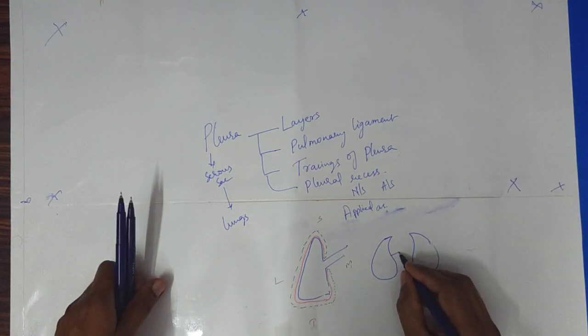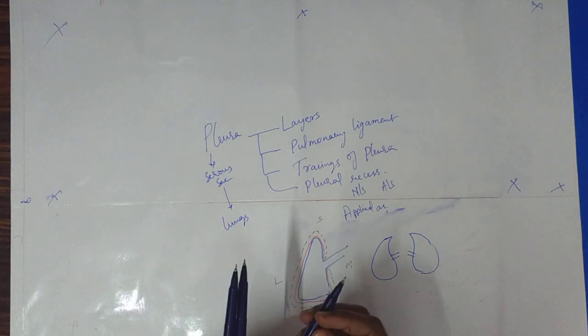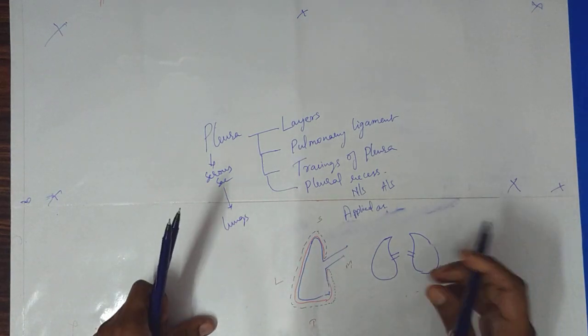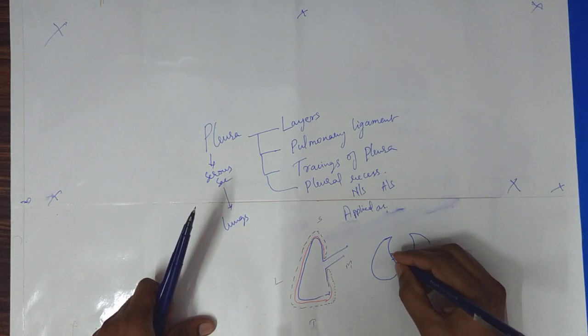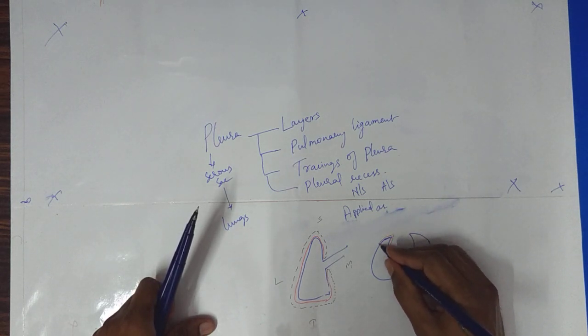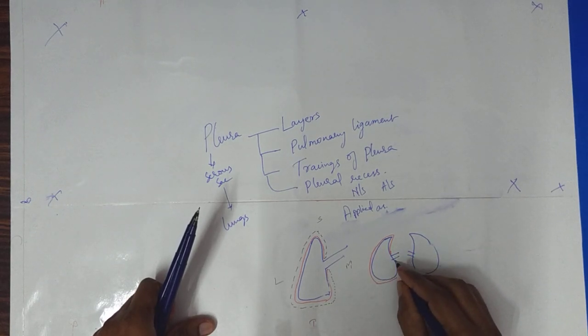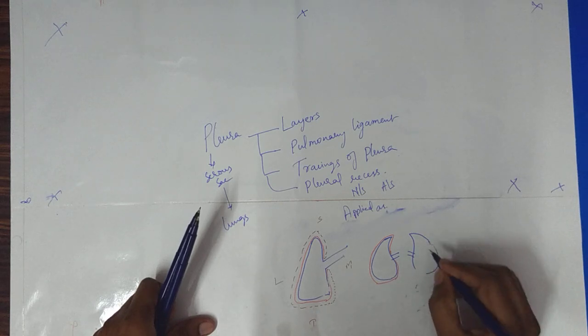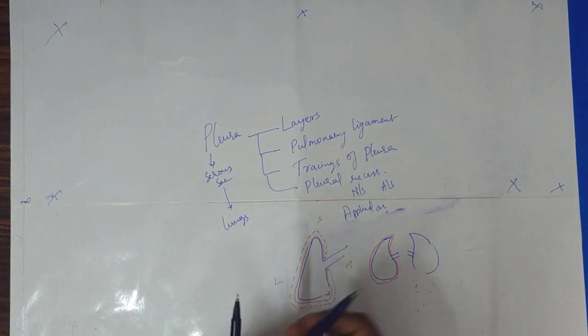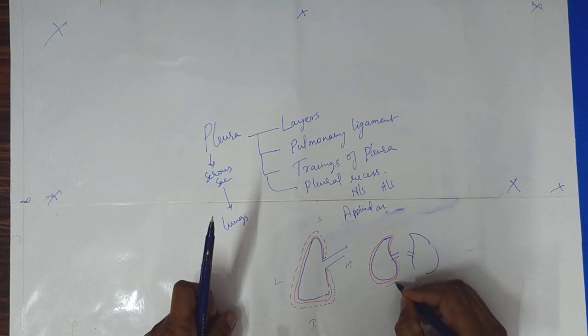From the mediastinum, you have the structures entering and going out. So inner one is your visceral pleura. Then near the root of the lung, these two are continuation with each other.